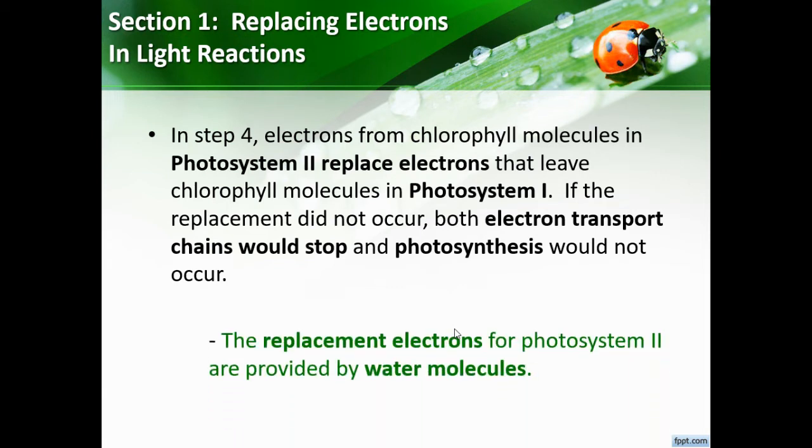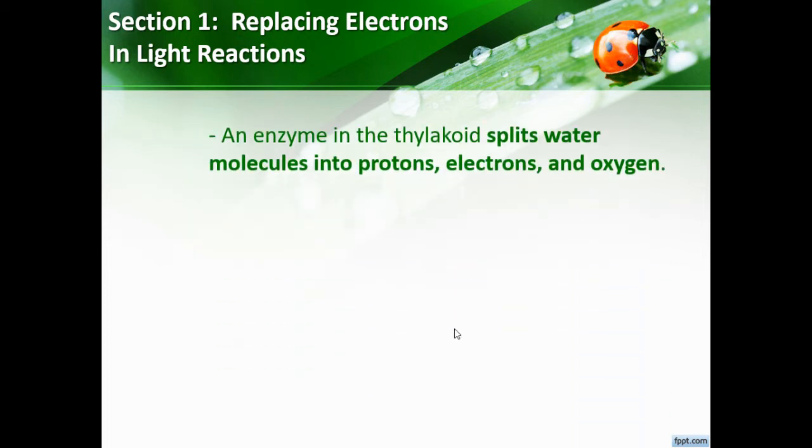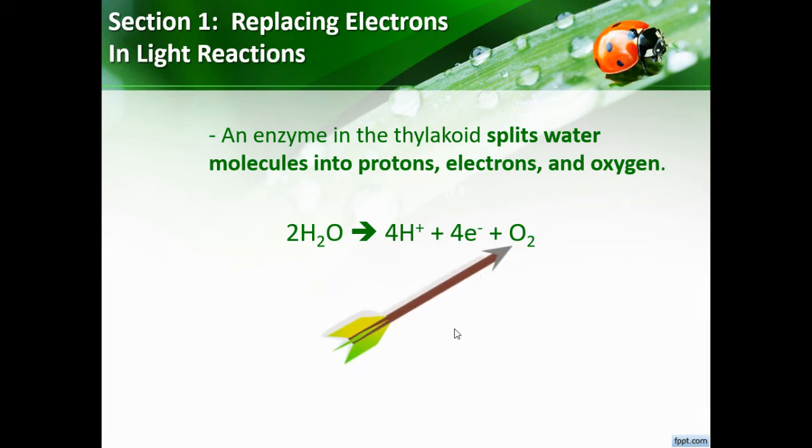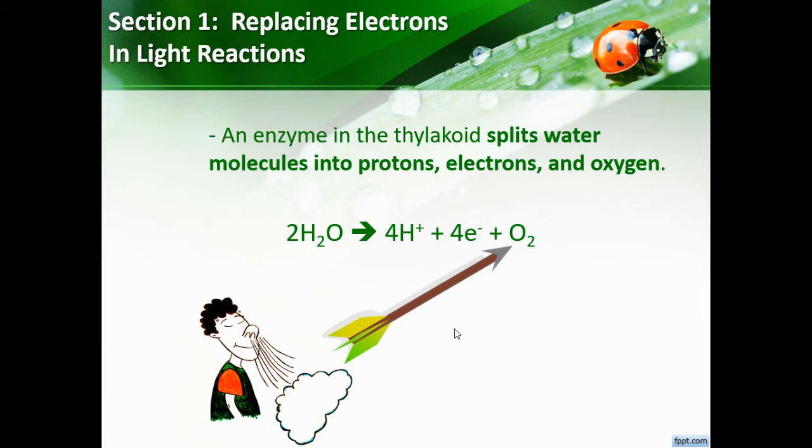The replacement electrons from photosystem 2 are provided by water molecules. An enzyme in the thylakoid is going to split water molecules into protons, electrons, and oxygen. So we have this formula here, 2H2O yields 4H+ plus 4 electrons plus O2. And that is what we breathe in.